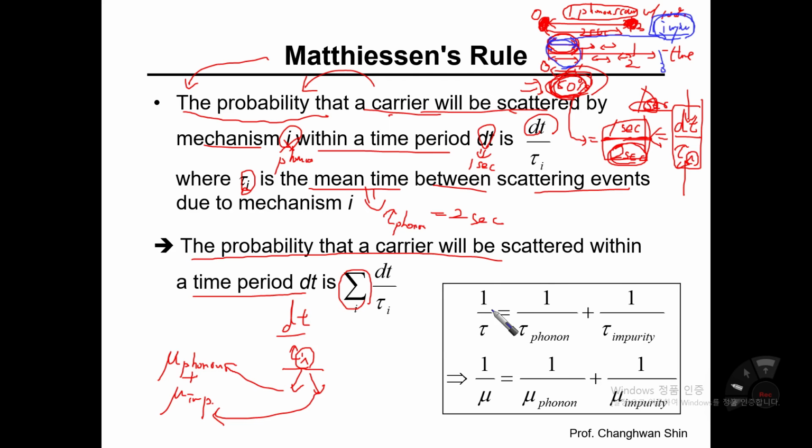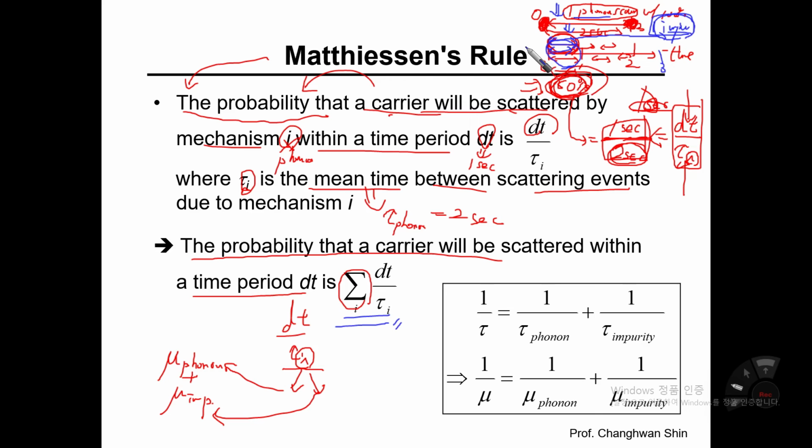To estimate the probability value for the time window of 0 to 1 second, let's use this equation. In this time window from 0 to 1 second, we're going to expect two different scattering mechanisms, one of which is phonon, the other of which is impurity scattering. So we can separate them.